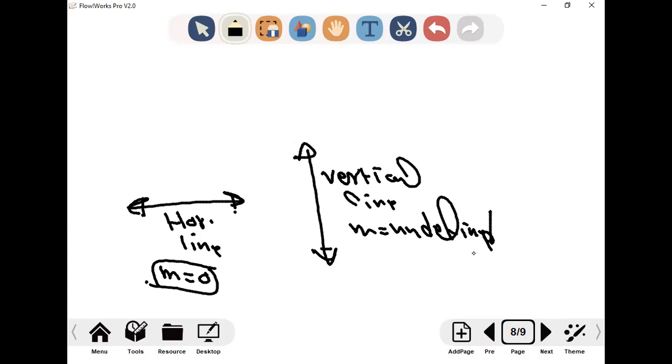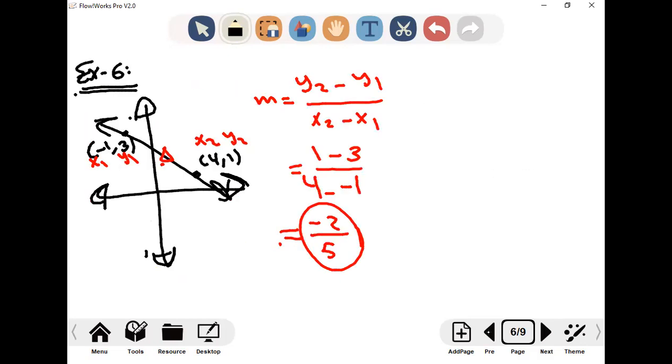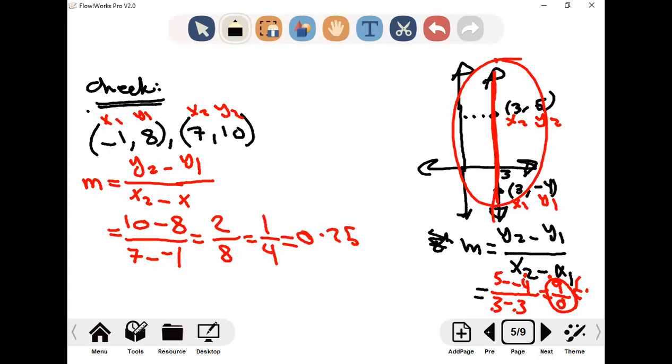Why undefined? We said why a moment ago in this example. Because the vertical line has the same x coordinate. So if you subtract the same number down, what will be down?